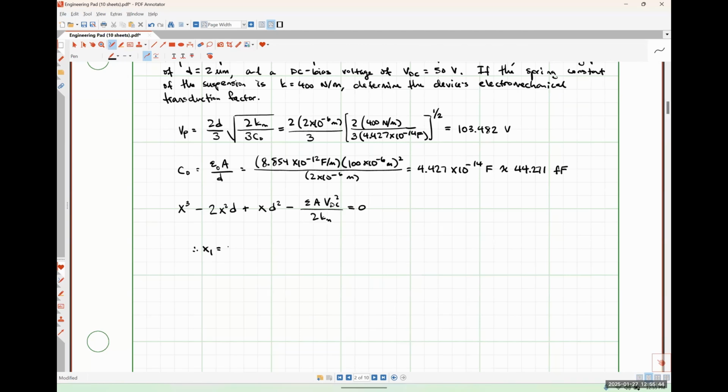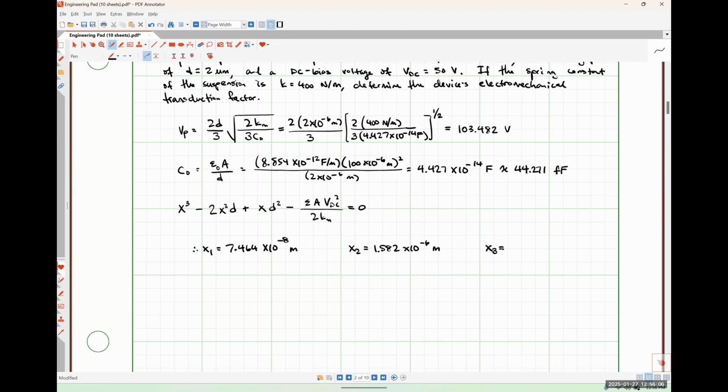My first solution was 7.464 times 10 to the minus 8 meters. X2 was 1.582 times 10 to the minus 6 meters.